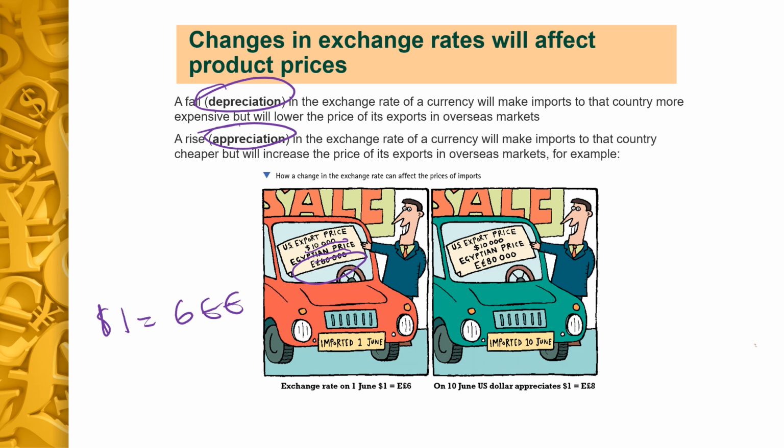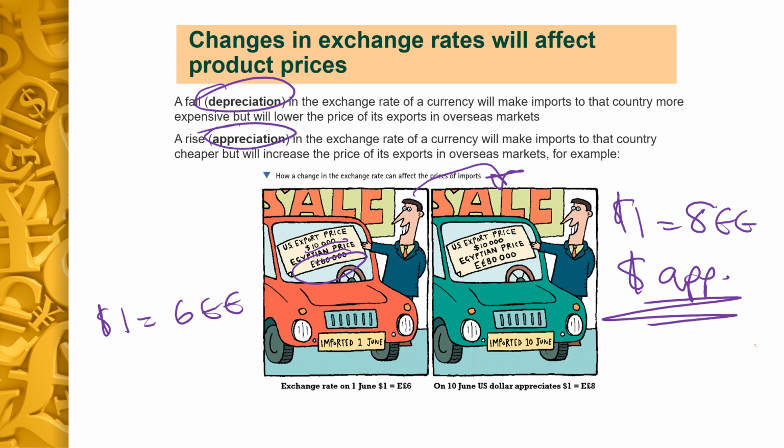However, if the exchange rate changes here and $1 becomes 8 Egyptian pounds, I would say that the dollar appreciated at that point. And here they gave us the rate.